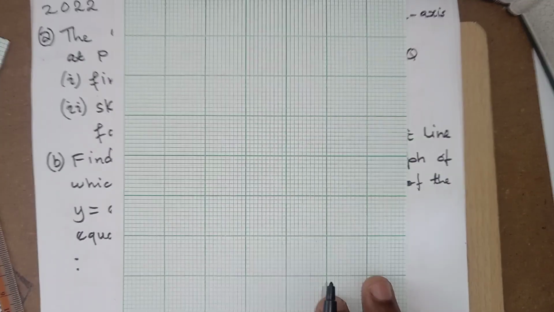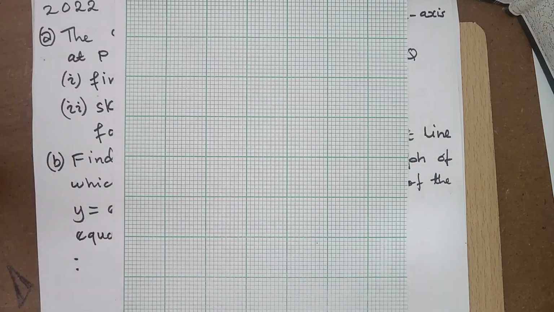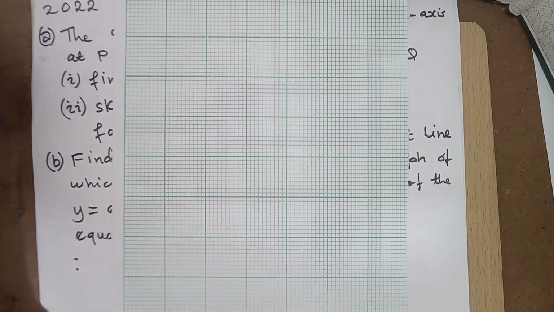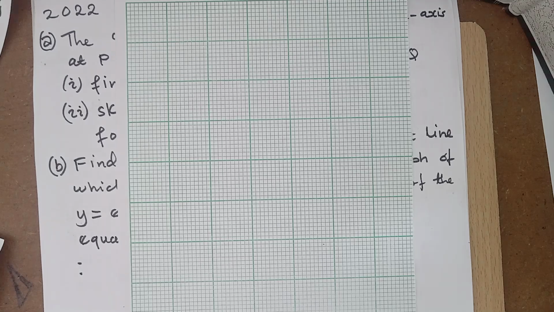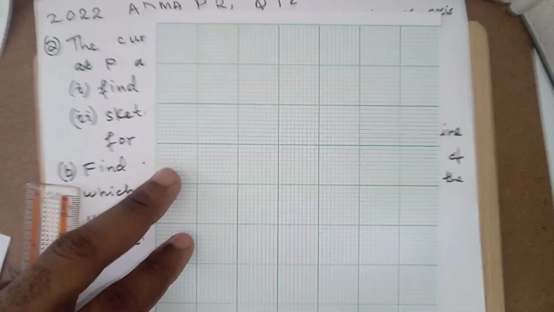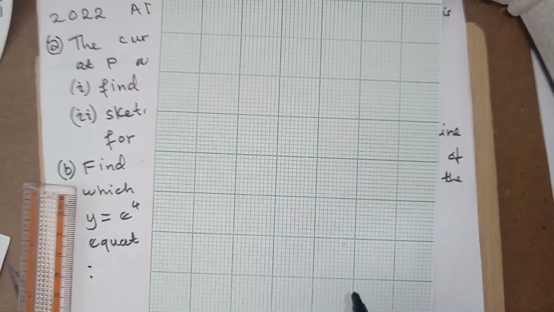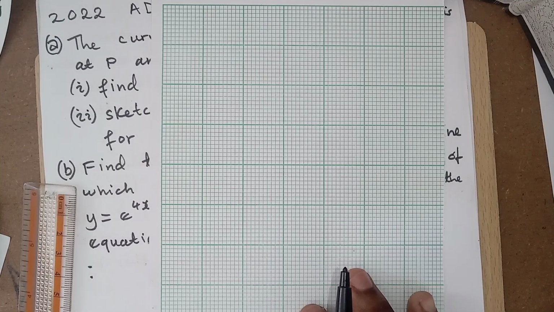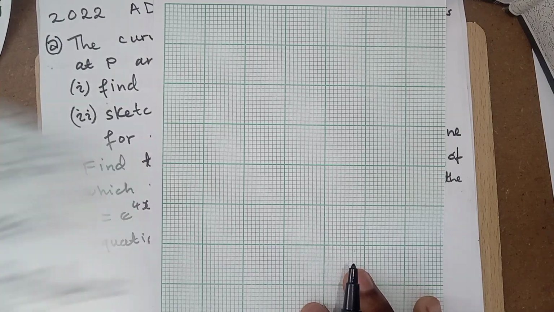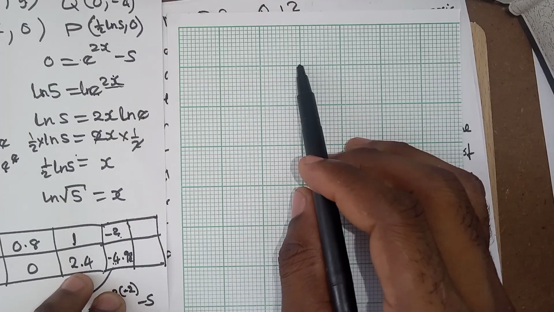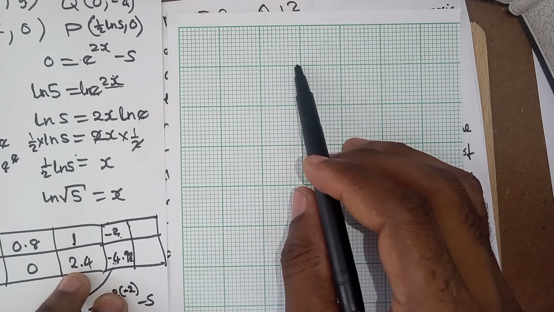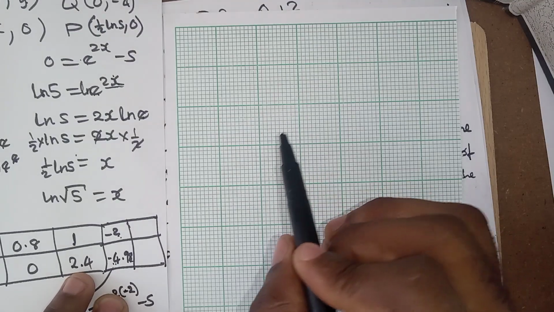So let's make a sketch with this information. So this is more of the negative y values than the positive. So the highest should be positive 2.4.